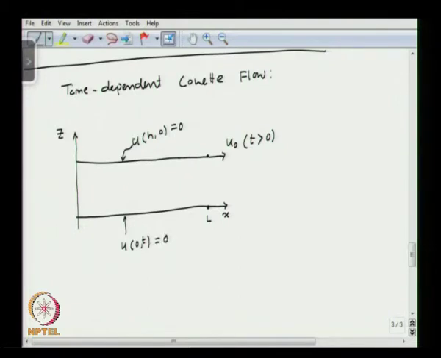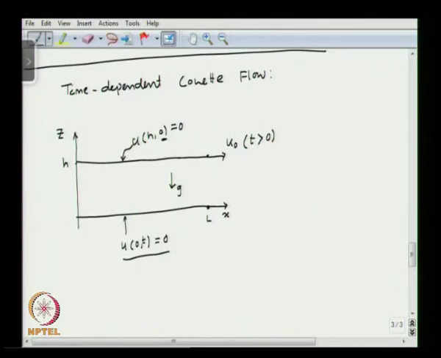So, this is at time t equal to 0, when it is stationary, but at some finite time this plate is going to move. So, this is only valid at time t equal to 0, but the other plate is stationary, so at all times it is going to satisfy the no slip boundary condition. We consider G in this direction, and h is the separation distance between the plates.